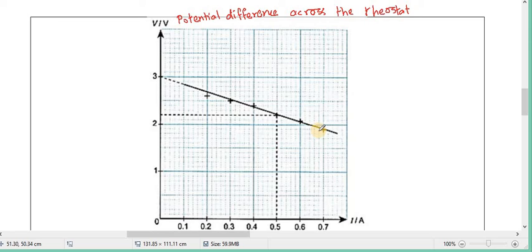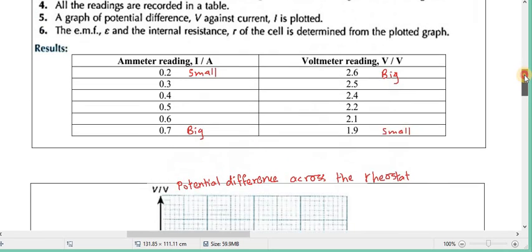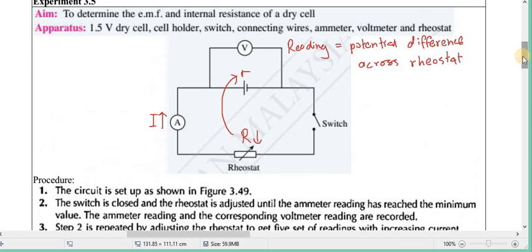Now, we want to find out the electromotive force from this graph. How can we find out the electromotive force from this graph? Using the concept just now, where if the resistance is higher and higher, then it will get more and more of the energy, right? If the resistance is smaller and smaller, it will get less and less of the energy.